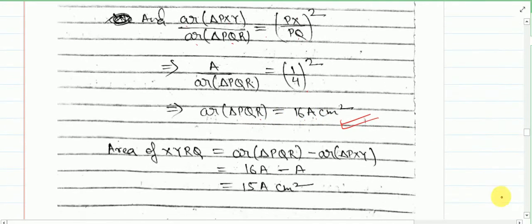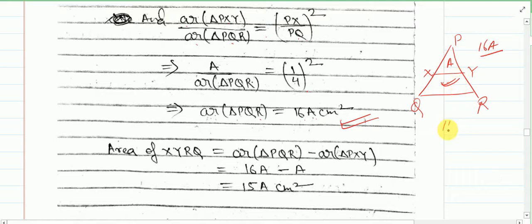So this was your triangle PQR, and here was your X and Y. So area of PXY was A, and total area you got 16A. Now you can easily find the area of this.